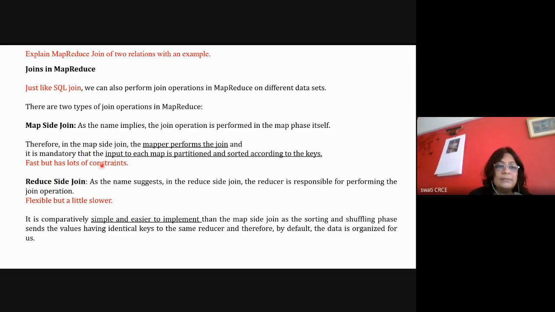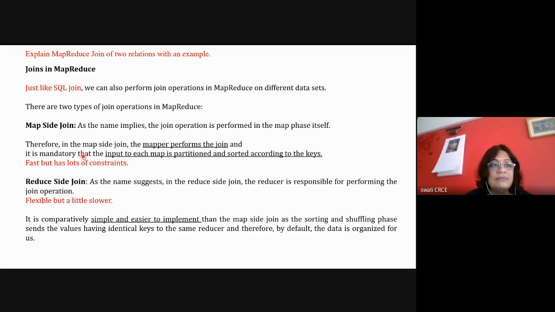If both tables are too big to fit into memory, you will have to use reducer side join. If one of the tables is small, then you can go for the first method. Even if you understand only this much right now, that is okay for me.